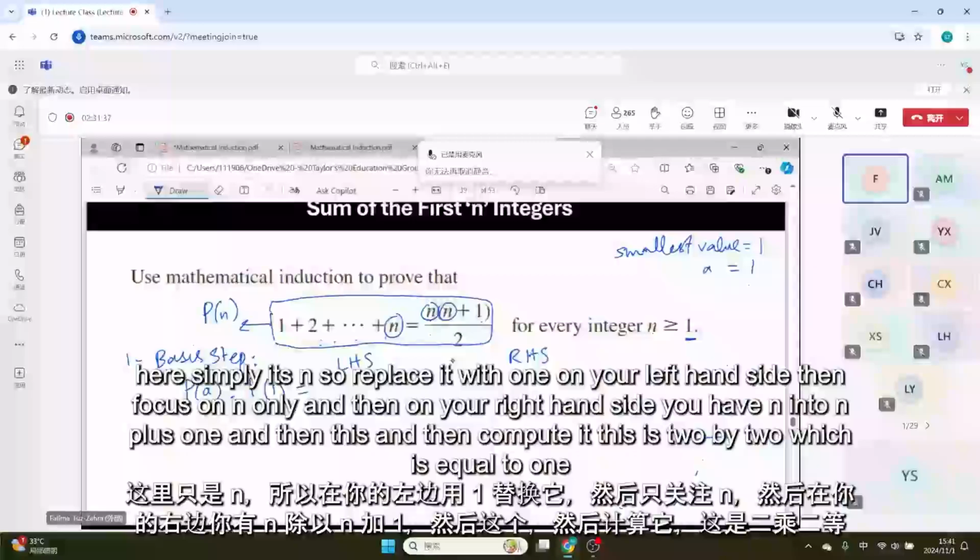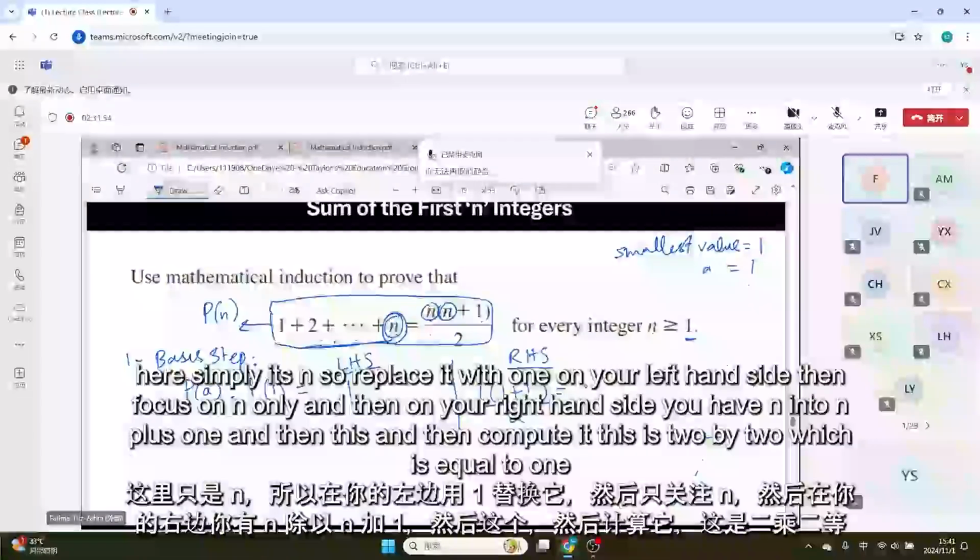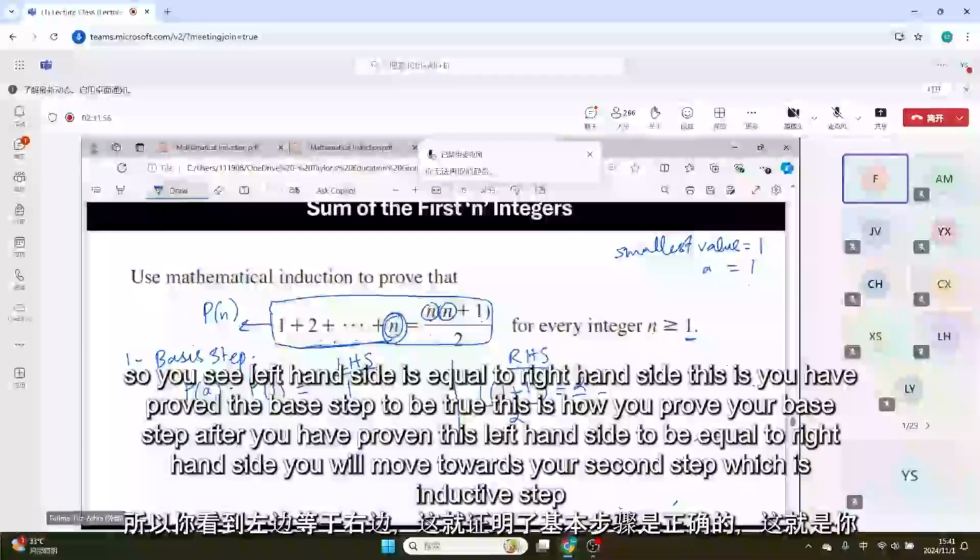On your left hand side, simply n becomes 1. On your right hand side you have n into n plus 1 over 2, and then compute it. This is 2 by 2, which is equal to 1. So you see left hand side is equal to right hand side.